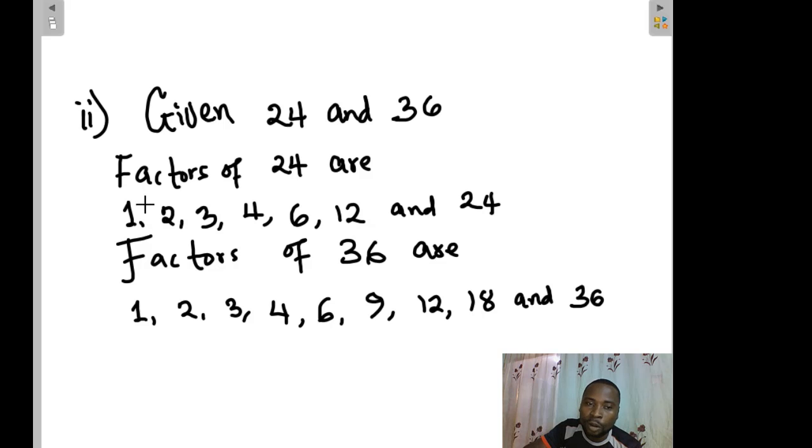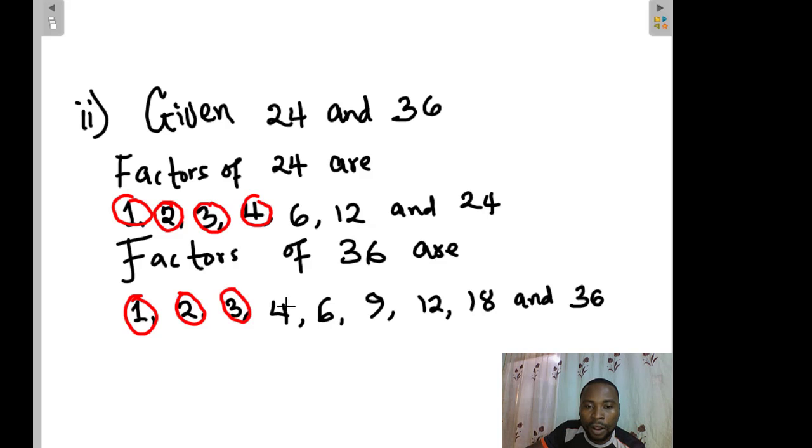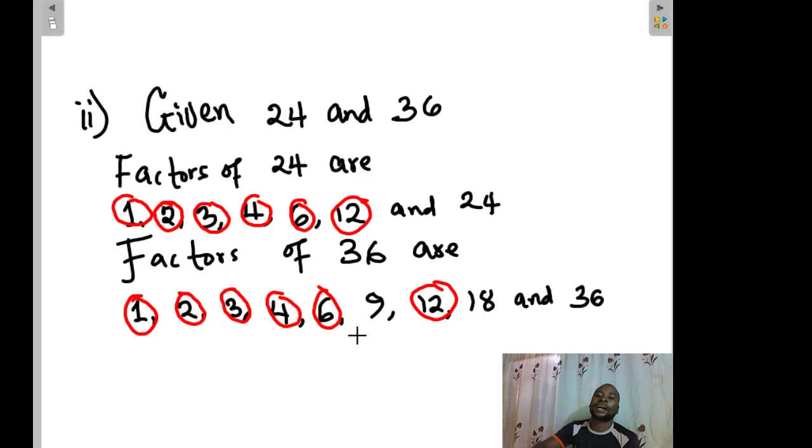Let's now look at what is common. We have 1, we have 2, we have 3, 4, 6, 12. These are common factors.